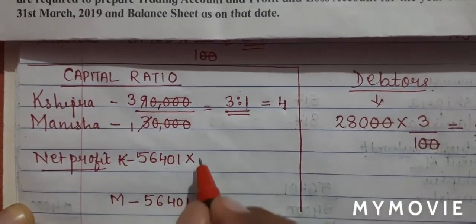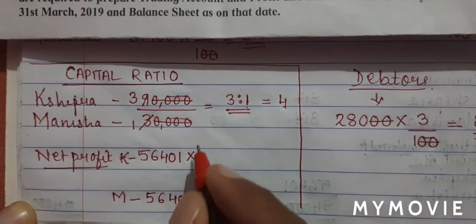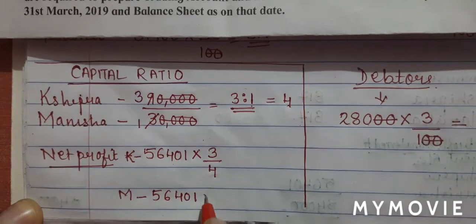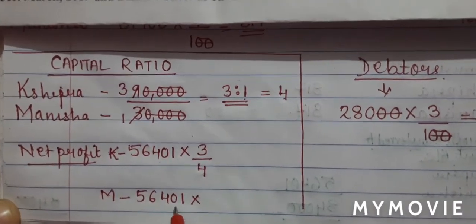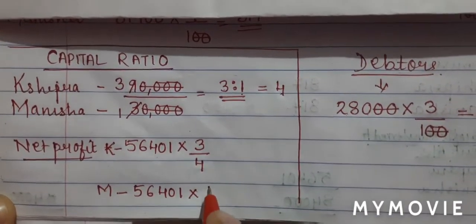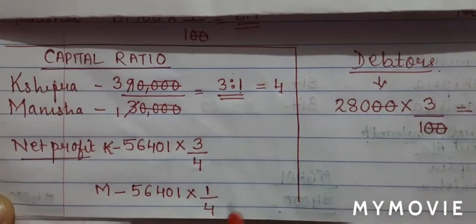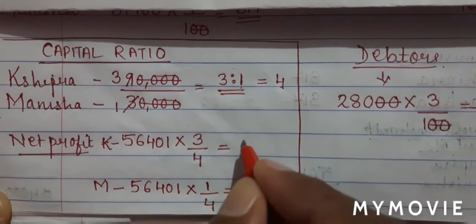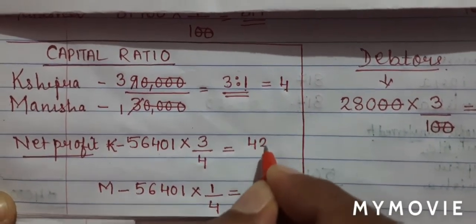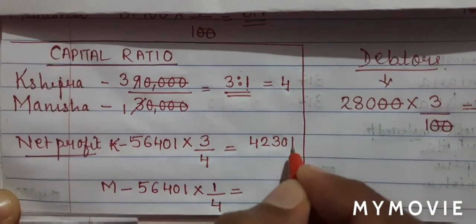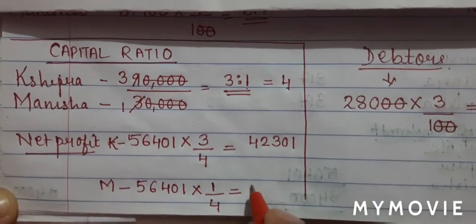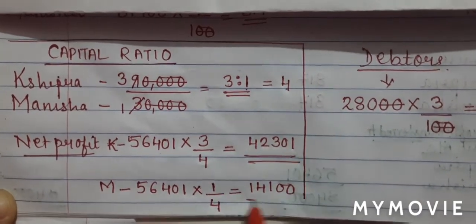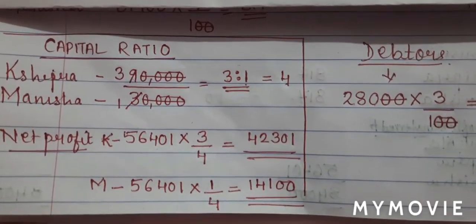So Shipra's share is 56,401 multiplied by 3 divided by 4. And for Manisha, we will do 56,401 multiplied by 1 divided by 4. So when I calculate it, students, for Shipra, I get an amount of 42,301. And for Manisha, I get a total of 14,100. This is my calculation of net profit.